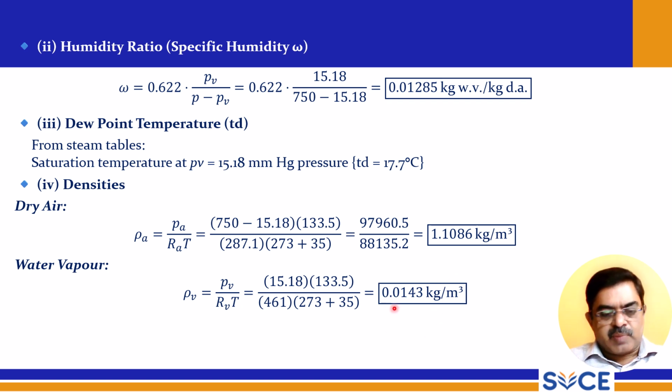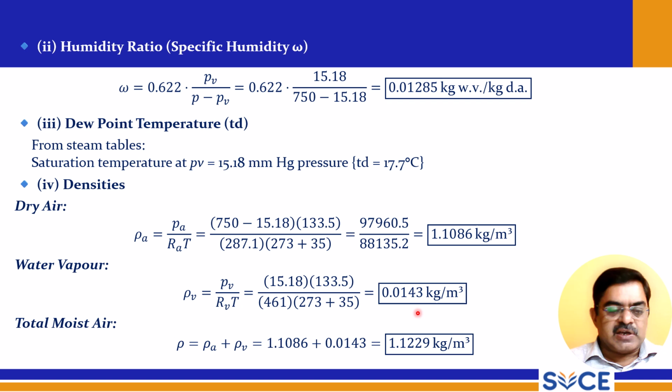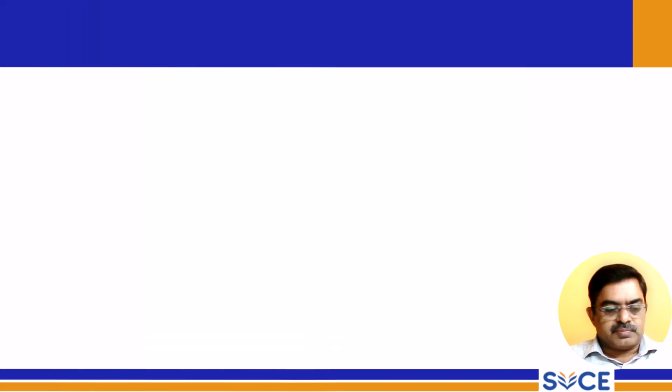We get 0.0143 kg per meter cube. That is the water vapor density. So the total moist air density equals rho A plus rho V, that is 1.1086 plus 0.0143, which equals 1.1229 kg per meter cube.